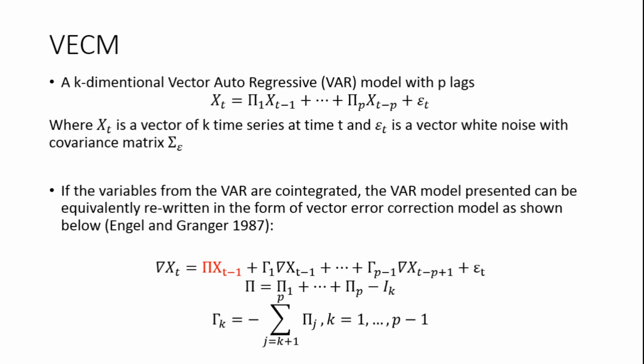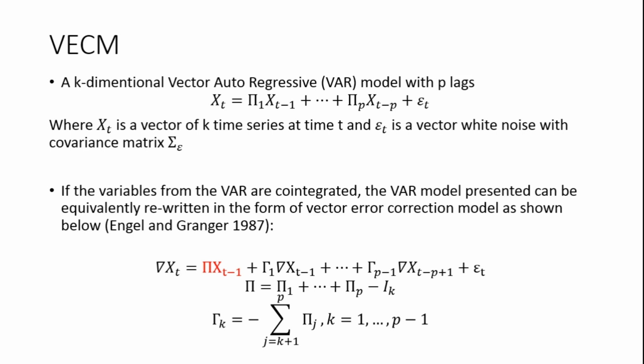If the variables from the VAR are cointegrated, the VAR model presented can be equivalently rewritten in the form of a vector error correction, as shown below (Engle and Granger, 1987).